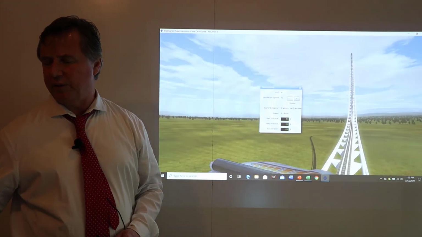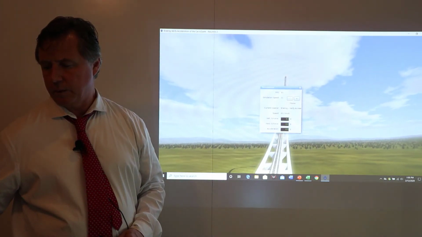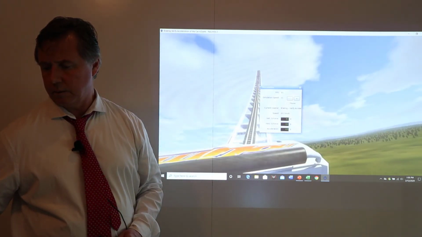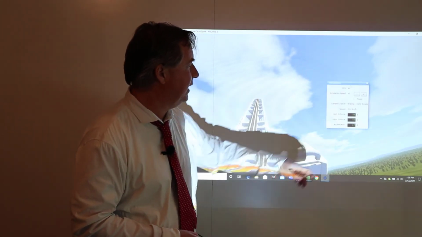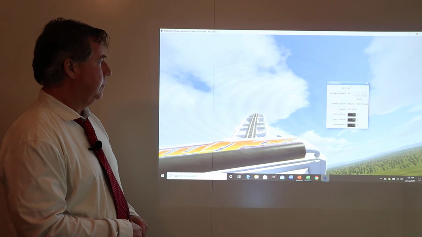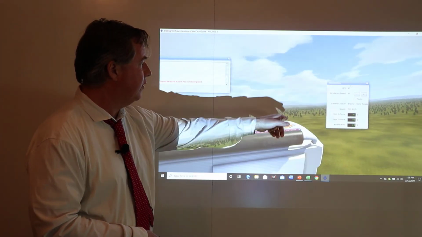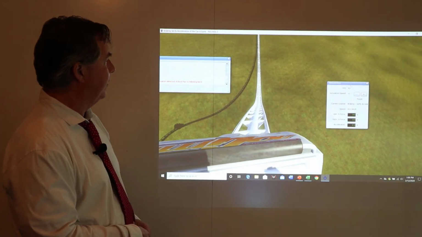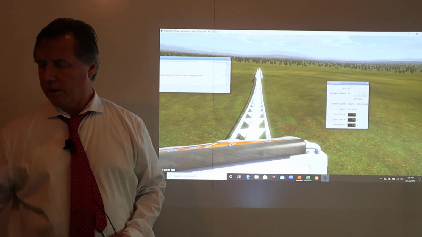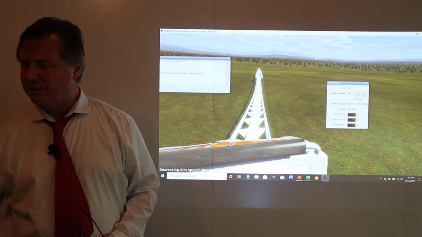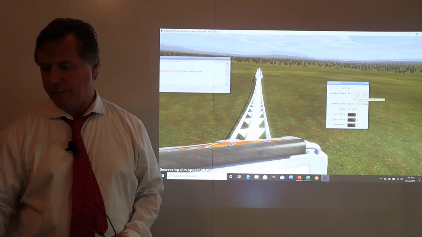Okay, we can always hit F2 to see what the key stats are. This is telling us vertical G's, horizontal G's. You can also slow this thing down by hitting the plus and minus keys. Okay, so there we go. I'm going to slow this thing down to 0.25. I'm going to hit the pause key.